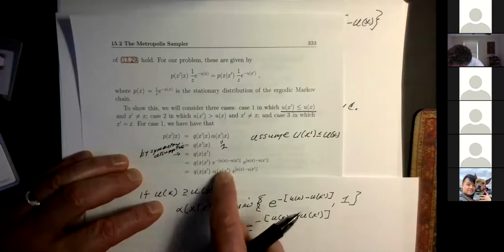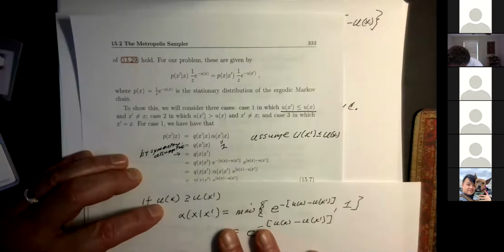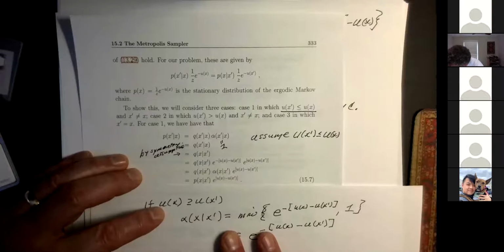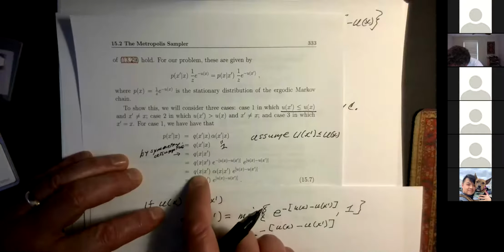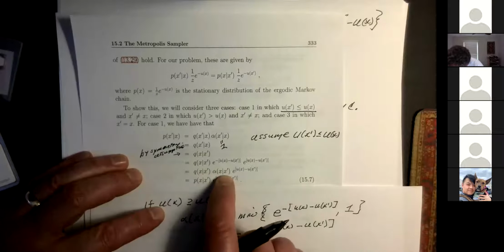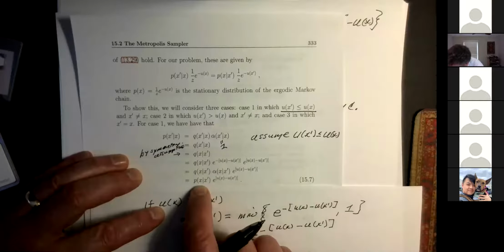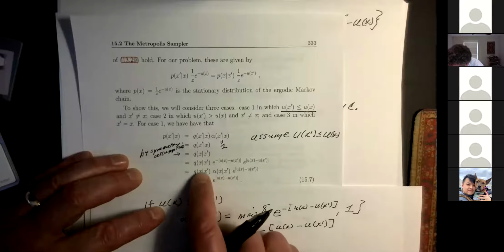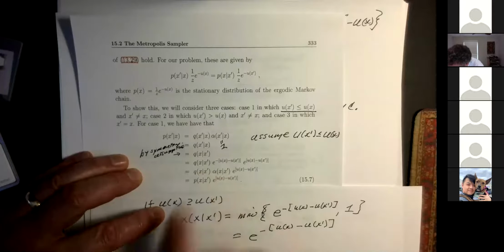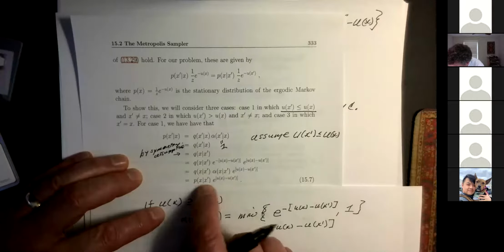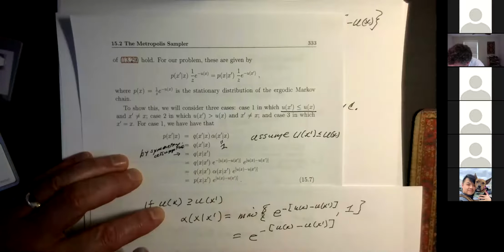Since these two things are equal, I can replace that. Now, the product of Q and alpha is exactly the transition probability. So I can replace the product of Q and alpha with P. So it's the probability of transitioning from x prime to x times e to the minus U of x prime.